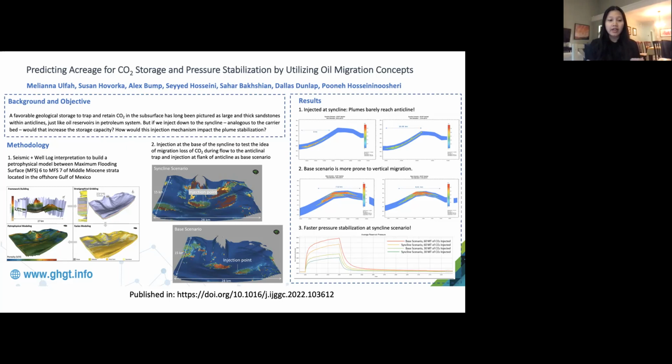Again, we also have to consider the window itself, the window between the supercritical and the overpressure. That's the main thing to consider when we are about to inject CO2 in sedimentary basins.